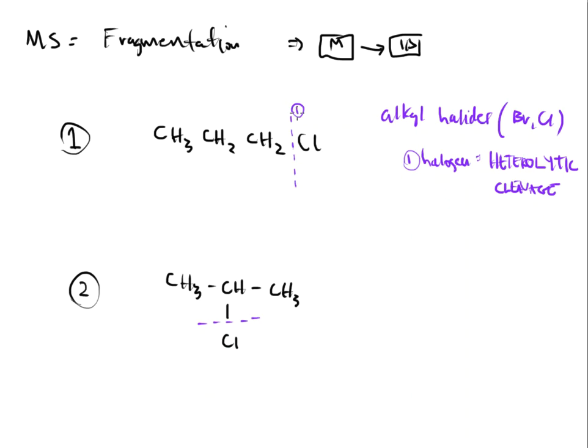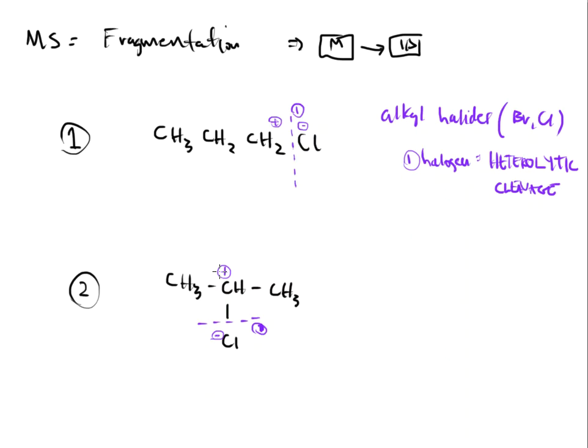All right, so this is going to be option number one. Typically, these chlorines get the negatives, and the other piece that's left behind will get the positives. That's route number one. That's kind of what we would have assumed. That's kind of what we did in our previous video when we didn't even know about heterolytic cleavage.